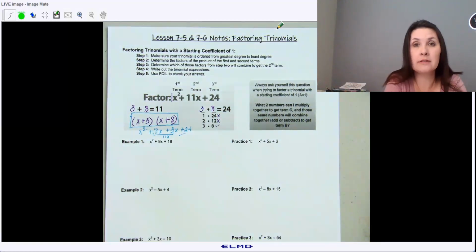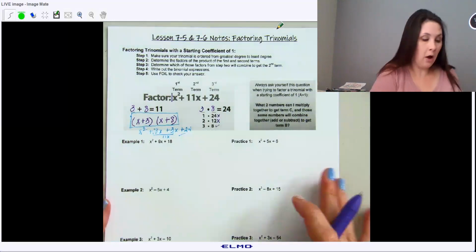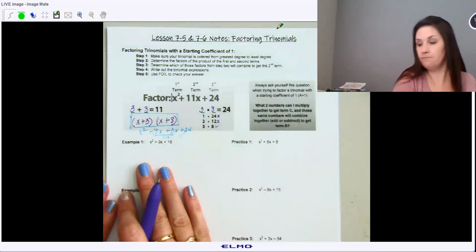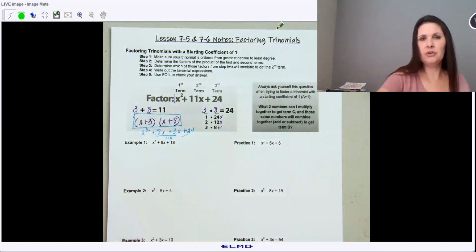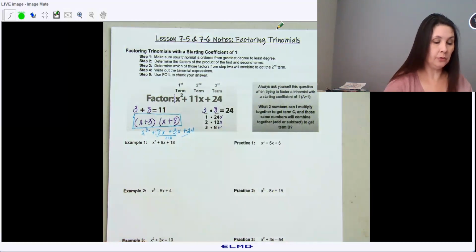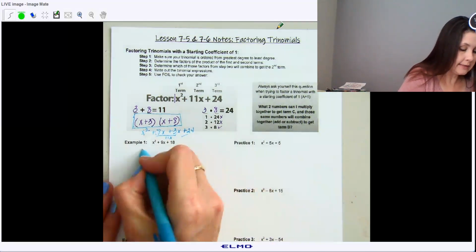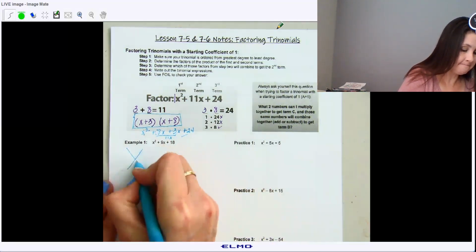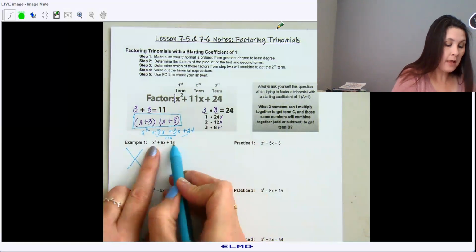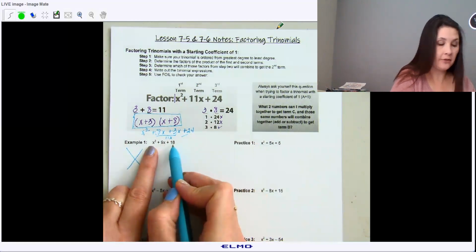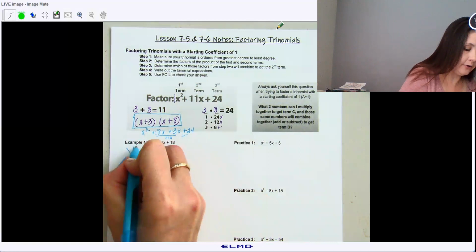And that's what we'll be doing on this page. Okay, so I'm going to show you how I actually do this. You don't have to do this method. You can do what they did up here. But I use this x here. I multiply my first and my last term together to get 18, and I put that here.